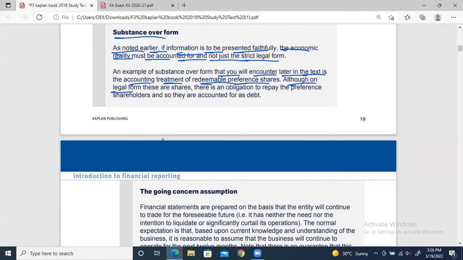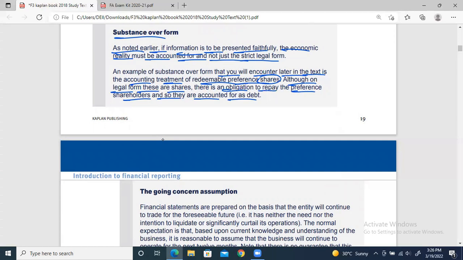You remember redeemable preference shares, we've already covered this, right? These were treated as a loan. Although the legal form of these is shares, over here there is an obligation to repay the preference shareholders, and so they are accounted for as a debt.